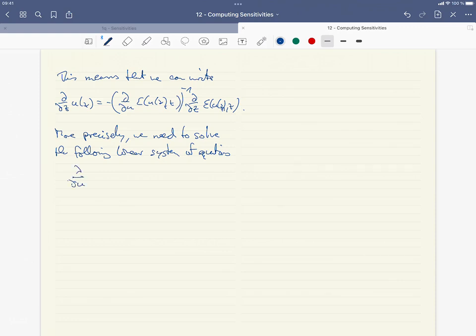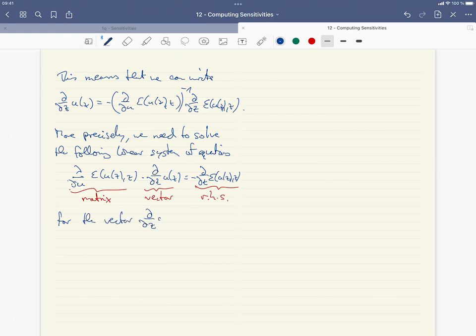So here is the matrix E of u of z comma z times d over dz u of z equals minus d over dz e of u of z comma z. That's enough brackets. So again, this would be matrix, vector, and right-hand side. And we need to solve it for the vector, yeah, for this one here, d over dz u of z.